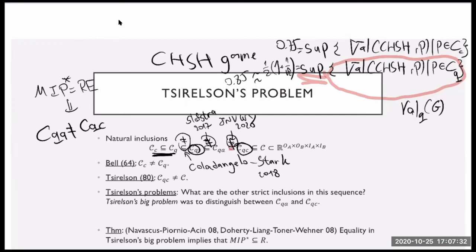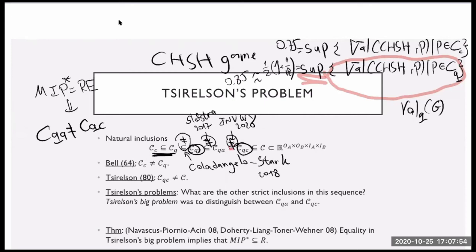Is it in RE or is it complete for RE? The fact that it is in RE is not that hard, and I will talk about it in a moment again. I mentioned it for a brief moment at the end last time. This is a good point to remind you of that.